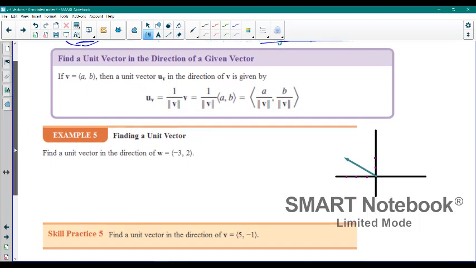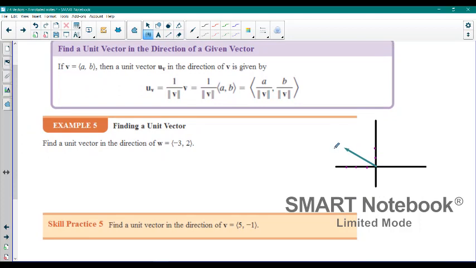Now, I think that sounds a little vague until you actually see what's going on. So let's say we want to find a unit vector in the direction of this vector here, vector W. So vector W has a terminating point at -3, 2, as you can see here.